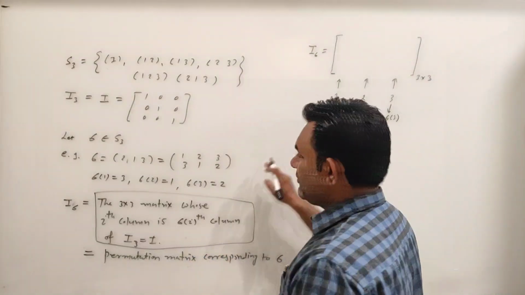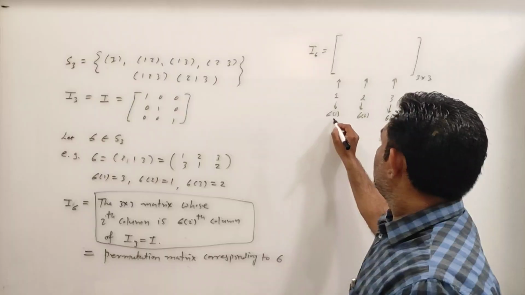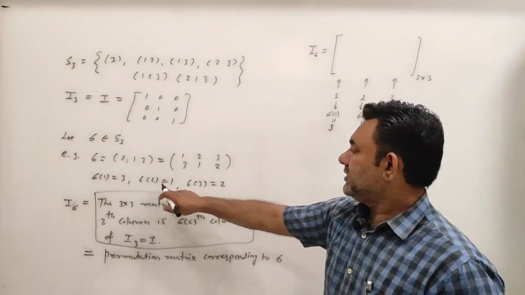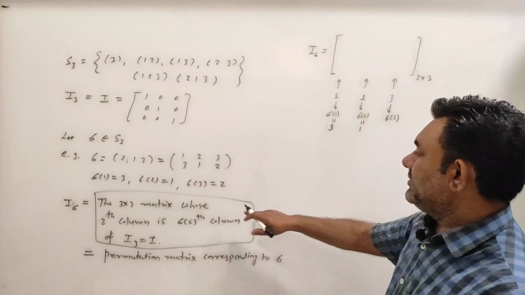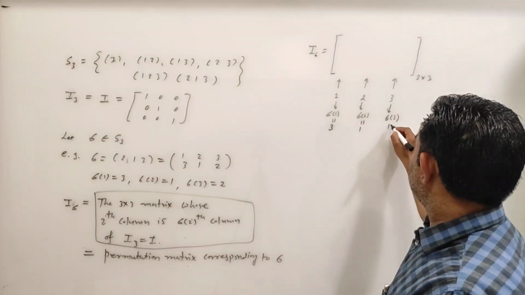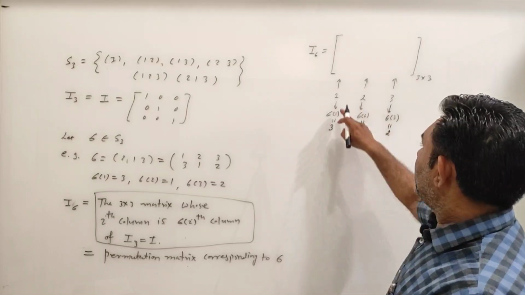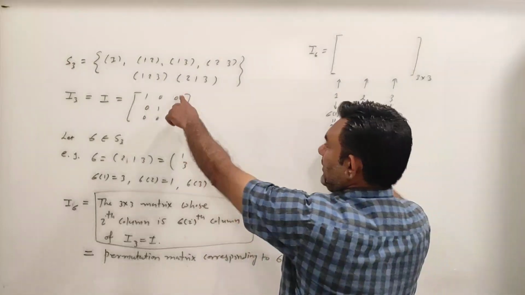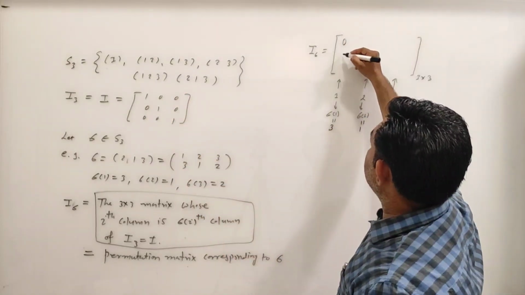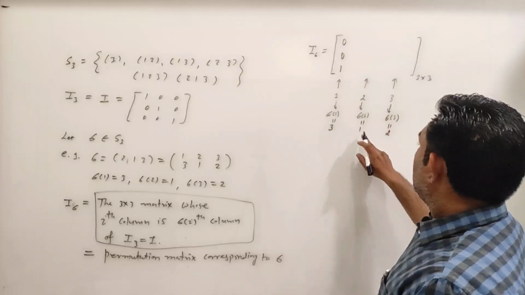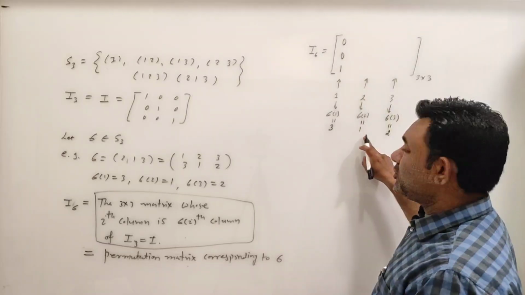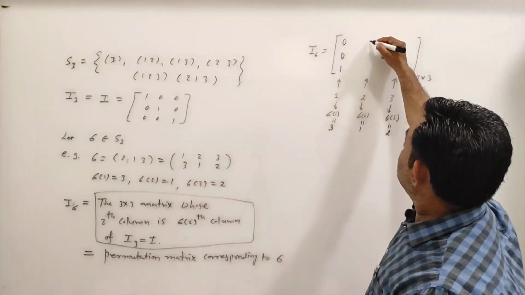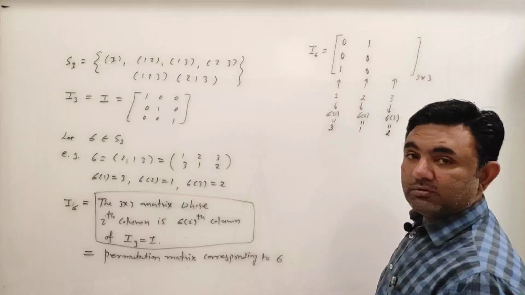Now sigma 1 is what? Sigma 1 is 3. Sigma 2 is 1. And sigma 3 is 2. Right? So here the first column is the third column of identity matrix, and that is 0 0 1. The second column is the first column of identity matrix, that is 1 0 0.